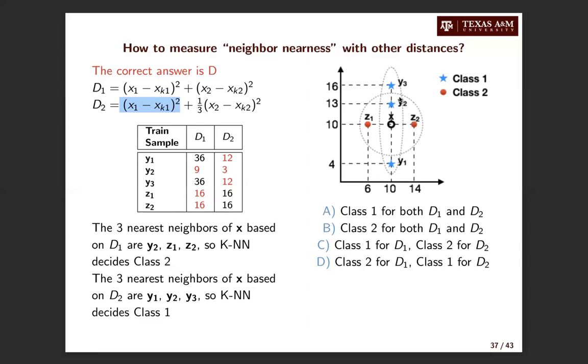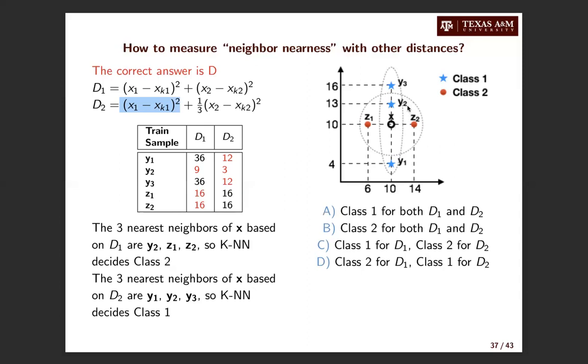Now we see that based on D1, the closest 3 samples are Z1, Z2, and Y2. Z1 and Z2 belong to class 2, which is the majority class in this 3 sample voting procedure. Therefore, sample X would belong to class 2 according to D1.